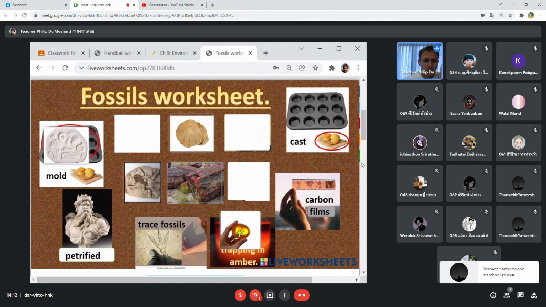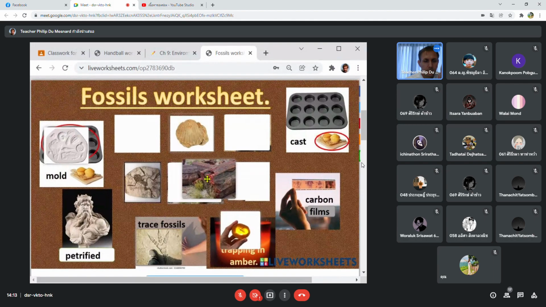Good job. Okay, here we have the tree. It looks like a rock, but it's a tree. So the tree becomes the stone. So what is it? When you change into stone, you are petrified.